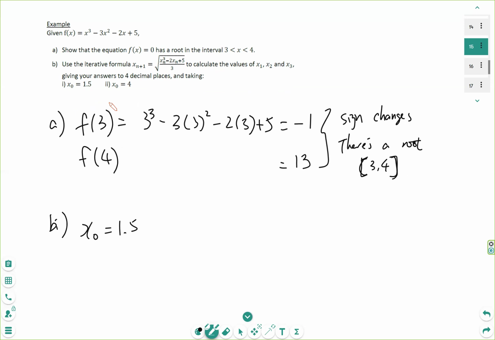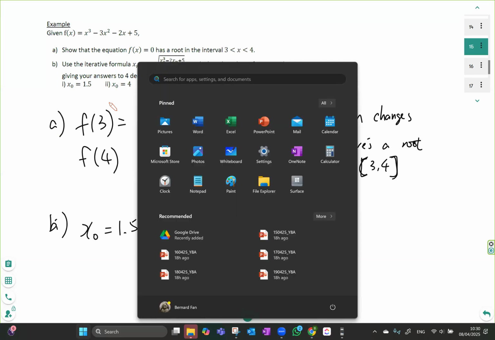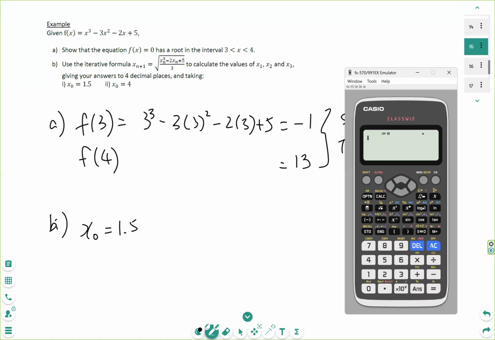So we should be doing 1.5 and an equal, and then put a square root, a fraction, answer cubed minus 2 times answer plus 5 over 3. Actually, you know what? I'll just put the brackets in there just in case. So you should put 1.5 equal, and then fraction, answer cubed minus 2 times answer plus 5 over 3.